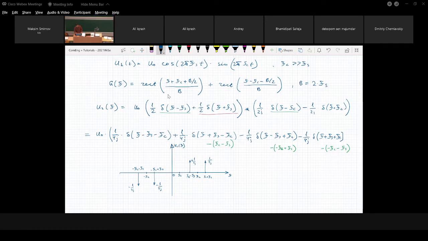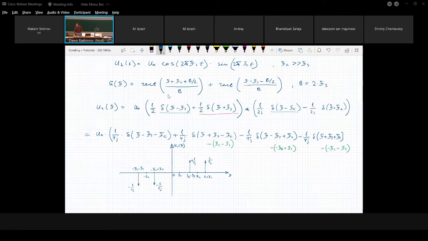This is a typical assumption about the carrier frequency being greater than the signal frequency. I would say it's not critical for this exam.